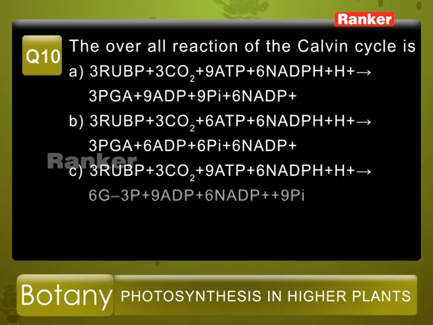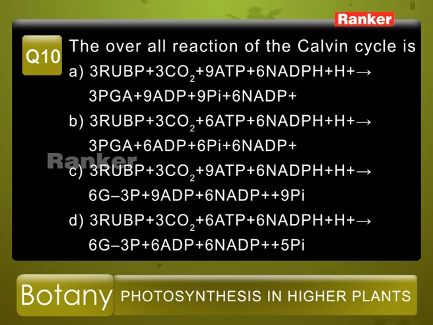Question number 10. The overall reaction of the Calvin cycle is. So here this question is related to the overall reaction, and the given options are: Option A, 3 RuBP plus 3 carbon dioxide plus 9 ATP plus 6 NADPH plus H plus giving rise to 3 PGA plus 9 NADP plus 9 inorganic phosphate plus 6 NADP plus.